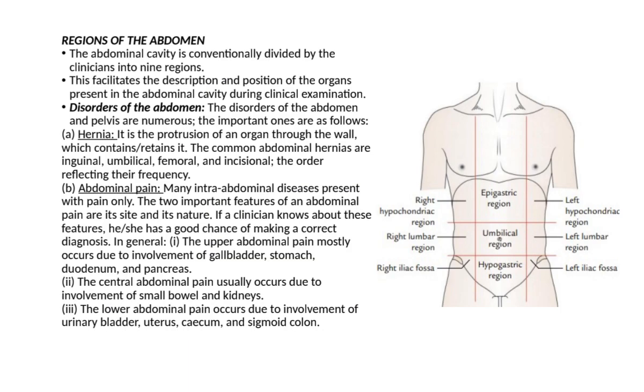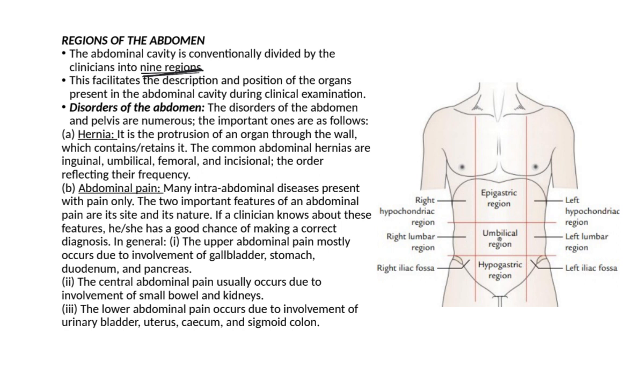In order to understand the different organs, the location of the different organs in the abdomen is divided into different regions by the clinicians. Okay, it is divided into 9 regions basically. This facilitates the description position of organs present in the abdominal cavity during clinical examination.